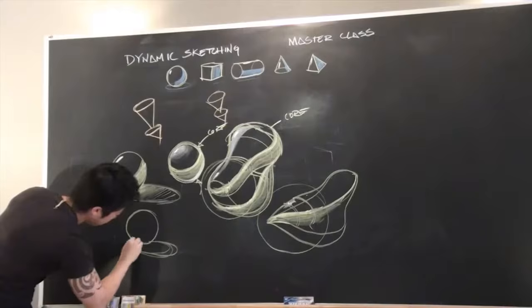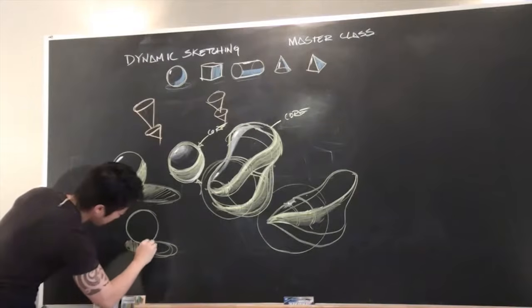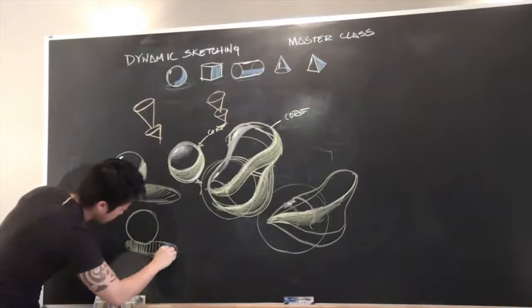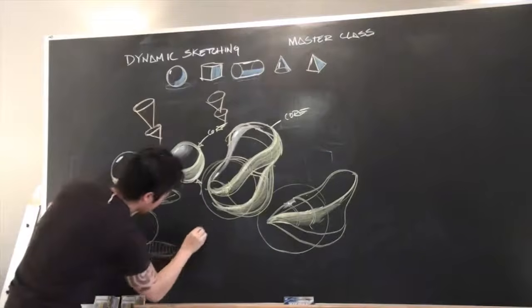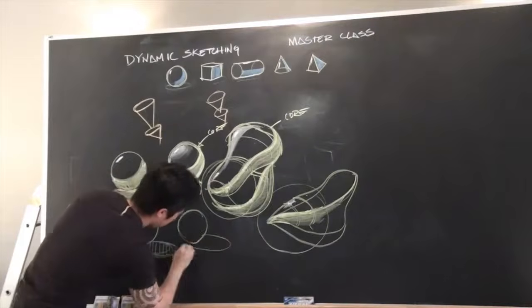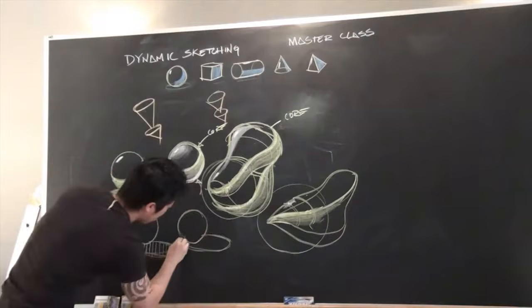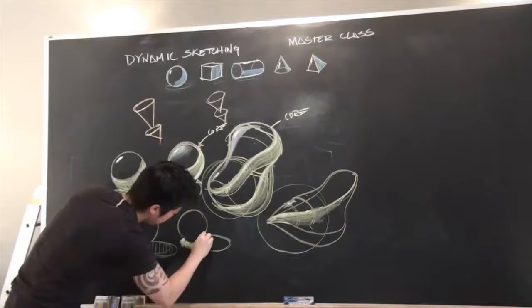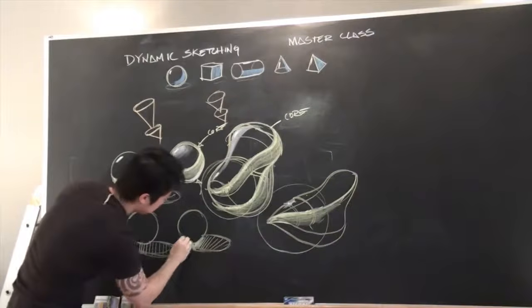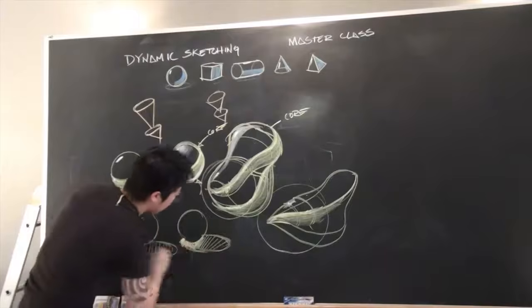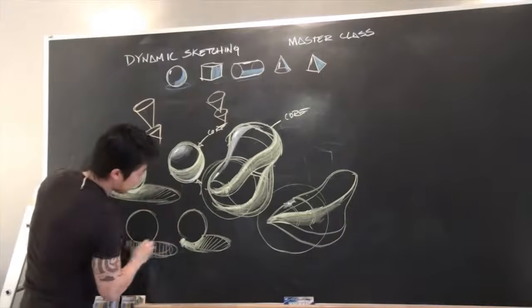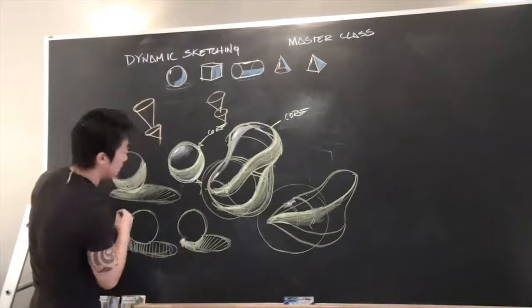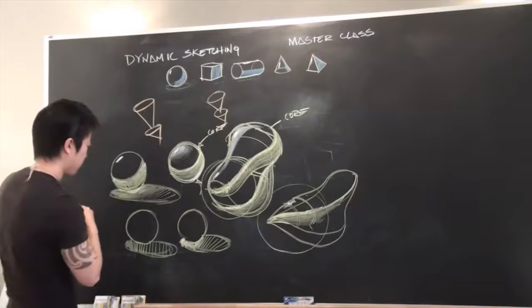You could just do straight lines down as it goes out, less and less. You can go in multiple directions. As it progresses out, less and less. These are all exercises for you guys to continue to understand how to use the pen and get comfortable with it.